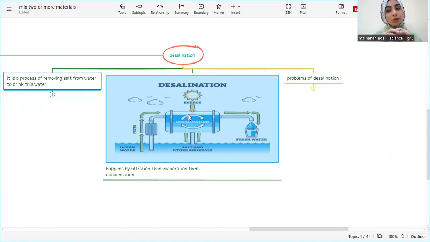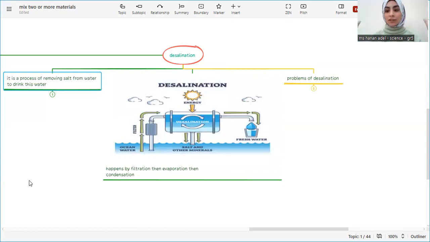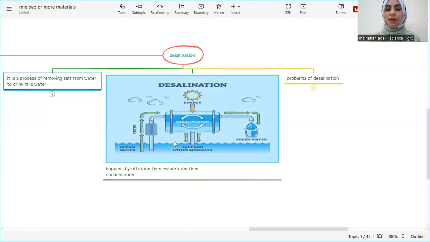We need to separate the water from the salt and minerals. How can we do this? Using a lot of heat energy. We will evaporate the water, leaving the salt and minerals. Salt and minerals go back to the ocean again, and water will change to gas. This is evaporation. So filtration first, then evaporation next.